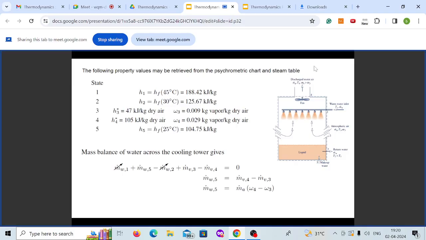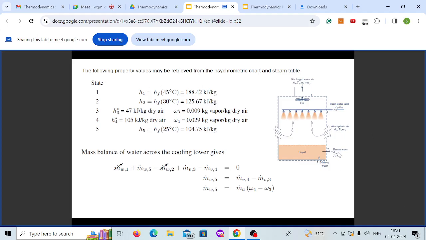Now we'll see how to solve this. We'll straight away take values from the psychrometric chart and the steam table. H1: we know the water is at 45 degrees Celsius, so the corresponding enthalpy is 188.42 kilojoule per kg, and H2 is at 30 degrees Celsius, which is 125.67 kilojoule per kg.